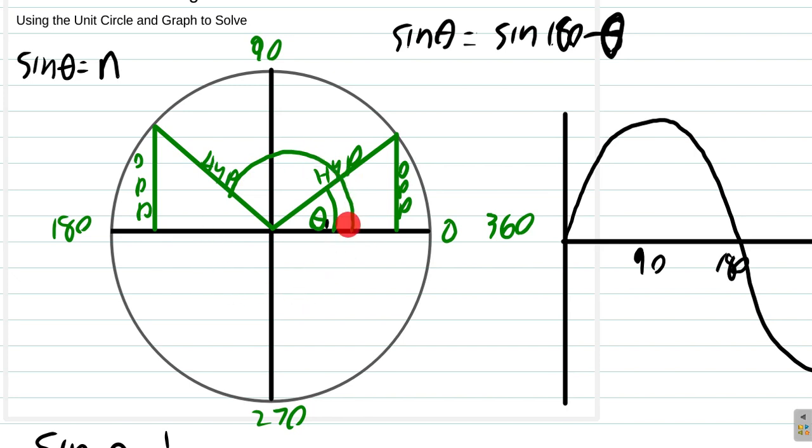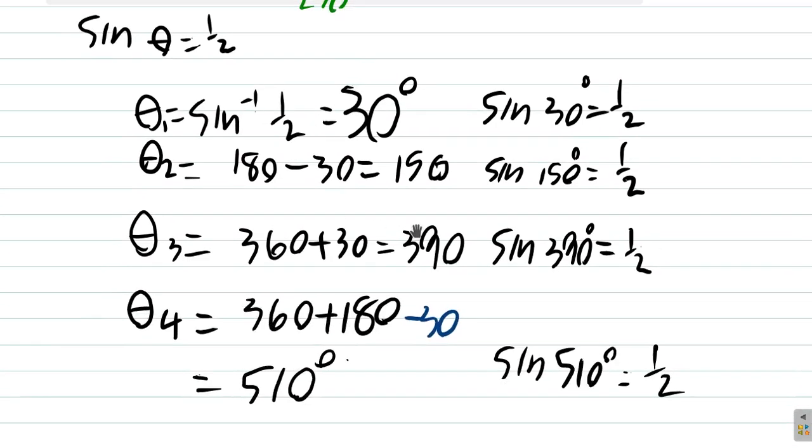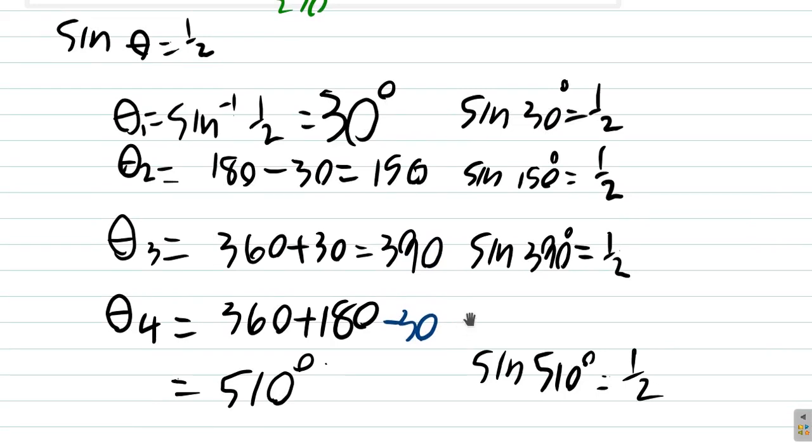And if you go 360 plus 360 plus 180 minus 30, find the sine of that, you're going to get half. So there's an unlimited number of angles whose sine gives you half. The first four are 30 degrees, 150 degrees, 390 degrees, and 510 degrees. All of those, the sine is half. We can continue and find more angles whose sine equals half.